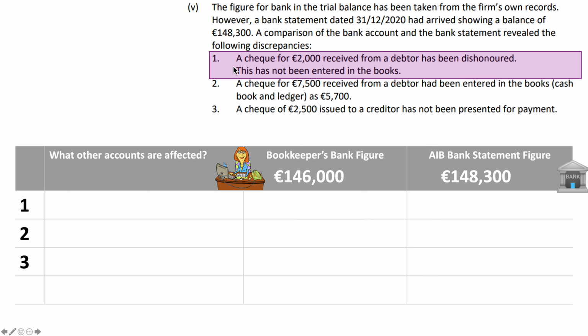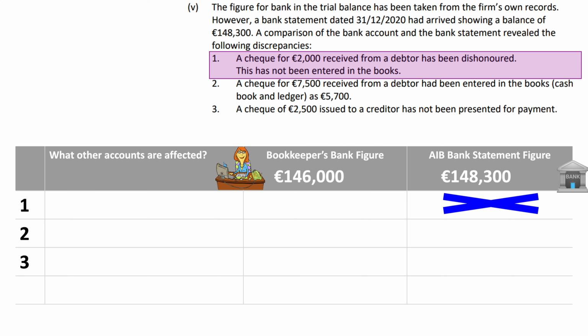So number 1, a cheque for 2,000 received from a debtor has been dishonoured. This has not been entered in the books. Who knows that it's been dishonoured? The bank knows, so the bank figure doesn't have to be touched. The bookkeeper would have added the 2,000 to the bank figure.